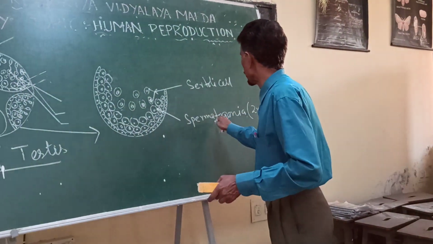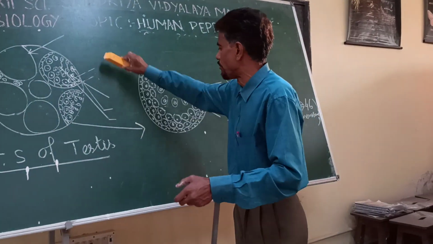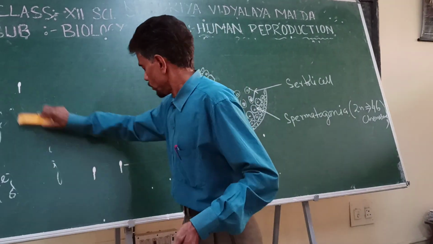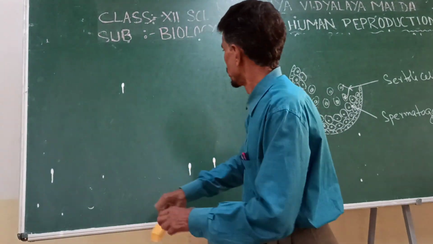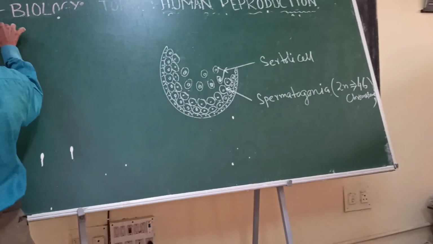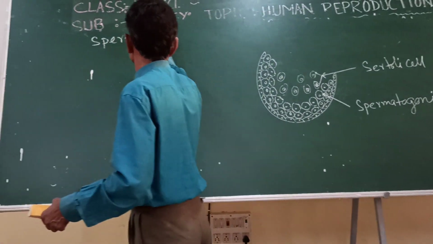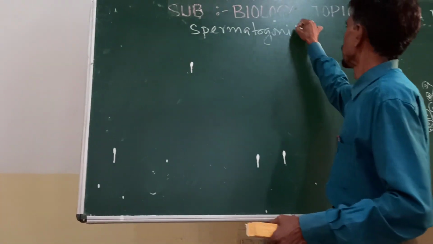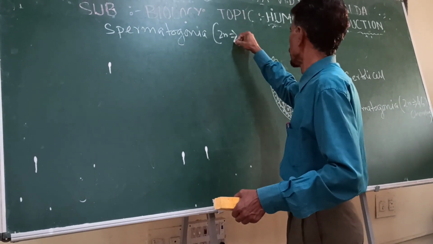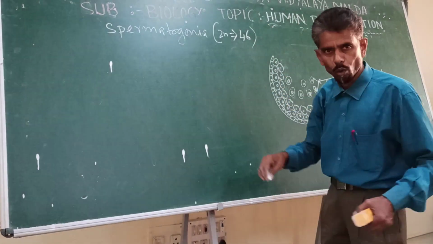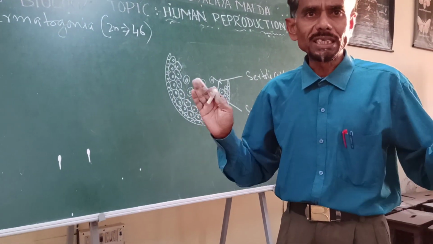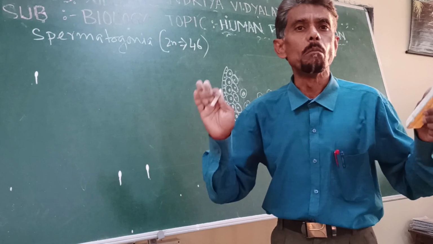Now, these spermatogonial cells or sperm mother cells, which are by nature diploid, that is having 46 chromosomes, will undergo mitotic cell division. What is that cell division? Mitosis.